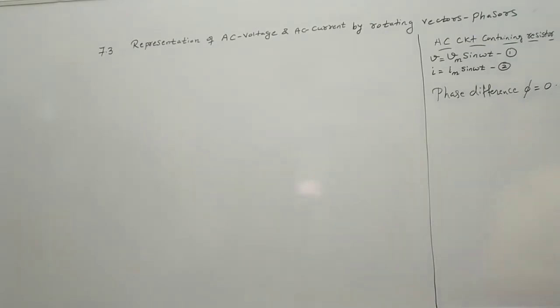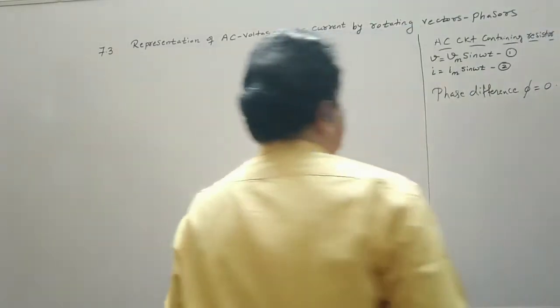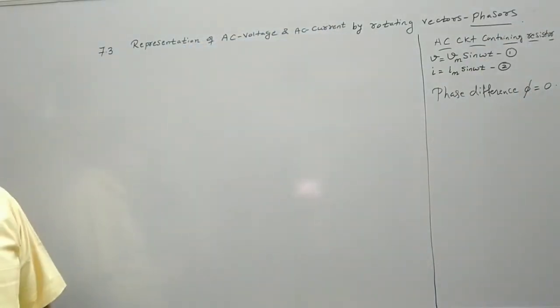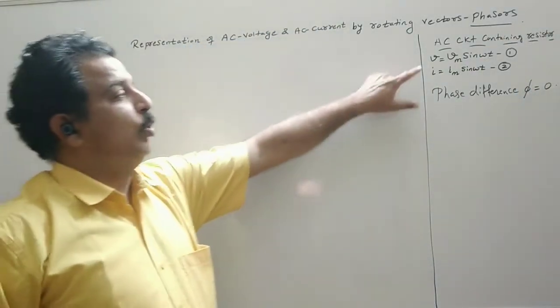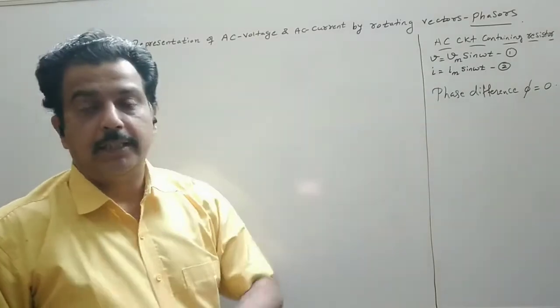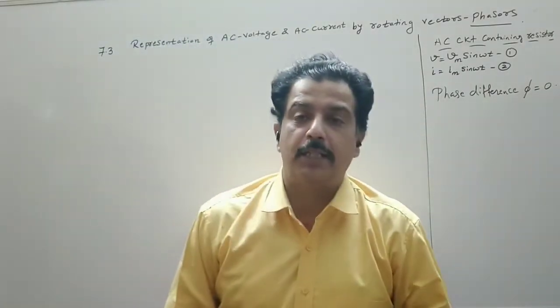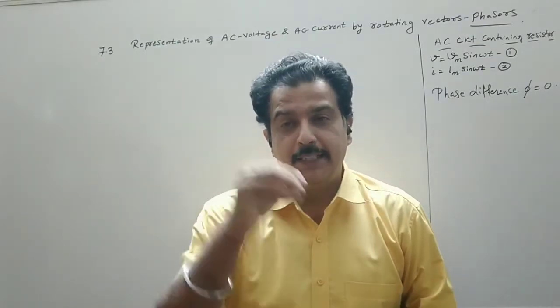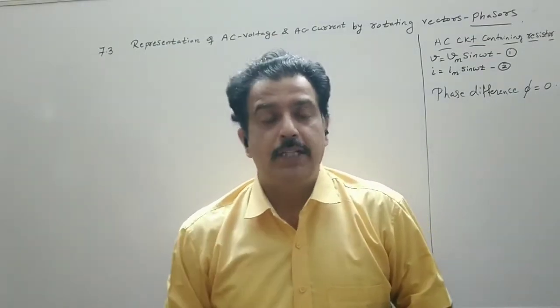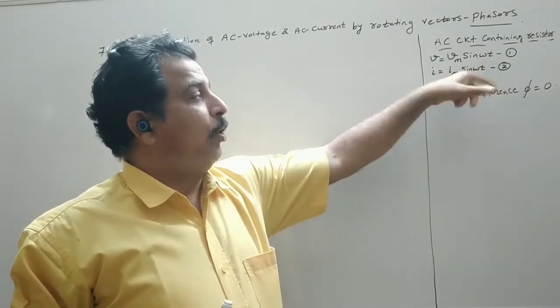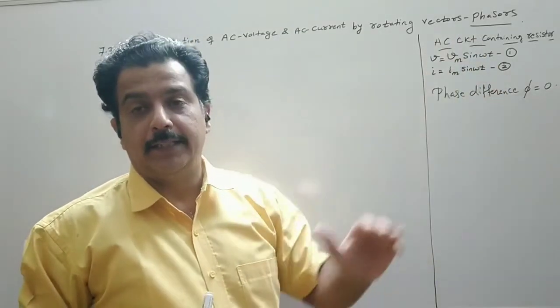So now what is this phasor and what is a phasor diagram? Now we know that the voltage and the current are the scalar quantity. Voltage and current both are the scalar quantity. But in this chapter, the voltage and the current are the function of time, or you can say they are the function of sine.